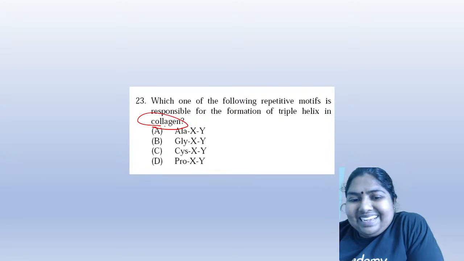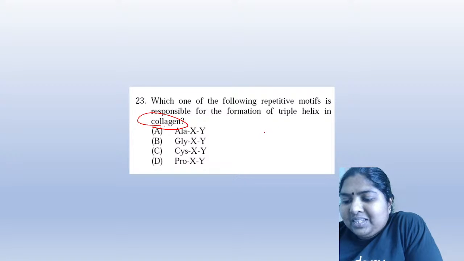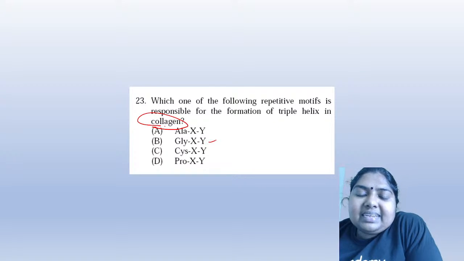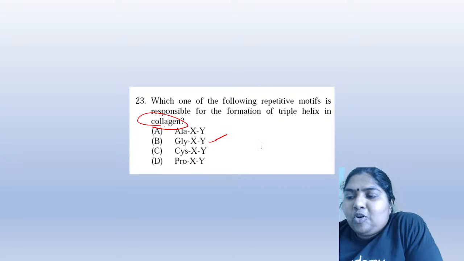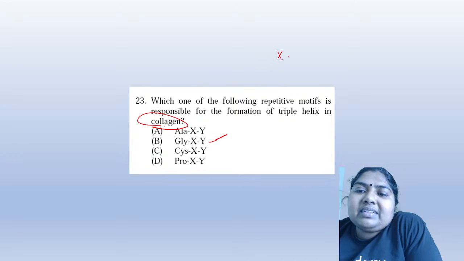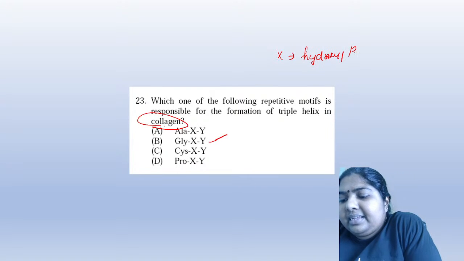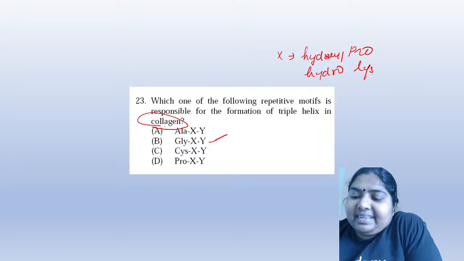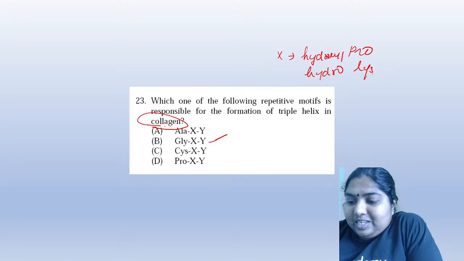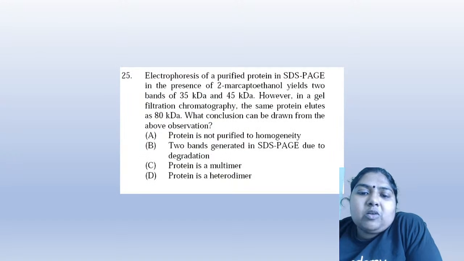Absolutely. Yes, Aishwarya, Vishu, Ramprabha. Correct. It is going to be glycine followed by X and Y. Yes, Siji. So X can be hydroxyproline, and it can be hydroxylysine. Exactly, that is going to be the correct answer for this question.